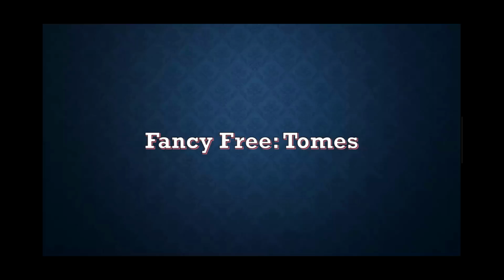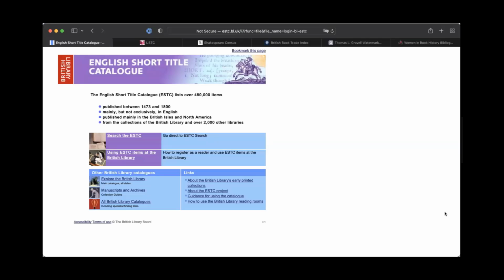One of the challenges when studying early modern texts as objects is finding out which libraries actually have a copy. This is where union catalogs come in handy. A union catalog is, as the name implies, a catalog of items drawn from many different institutions. For English printed books, ESTC, the English Short Title Catalogue, will show you which libraries have which items.